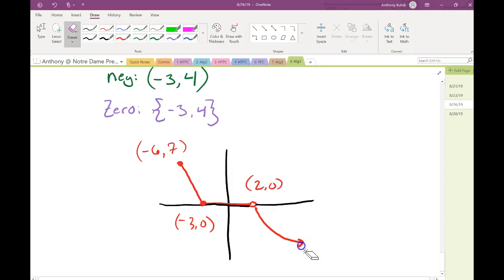But actually, let me do that. That makes it a little bit more fun.